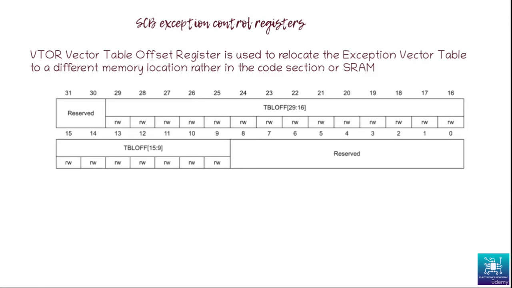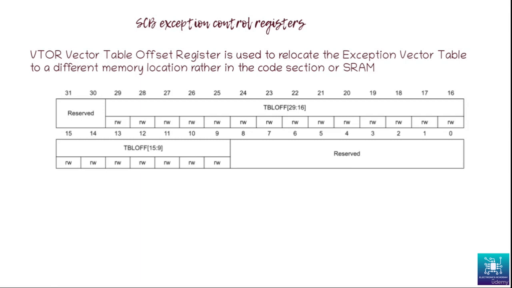Next in the group of registers in SCB, the SCB exception control registers, is VTOR, or vector table offset register, and it is used to relocate the exception vector table to a different memory location, in the code section or SRAM. To begin with, the exception vector table is located in the starting region of the flash.